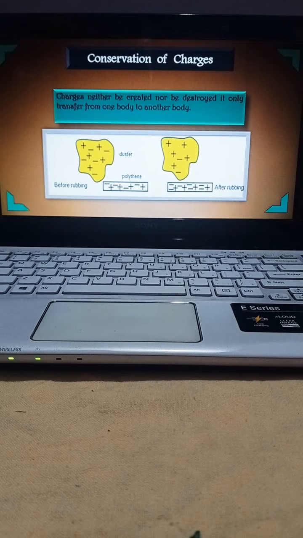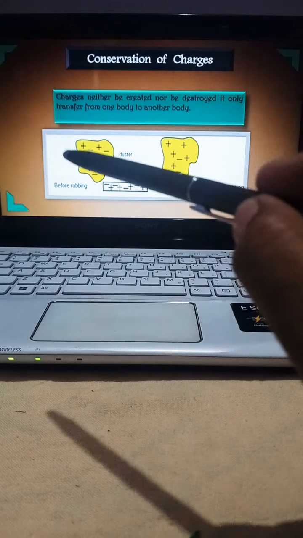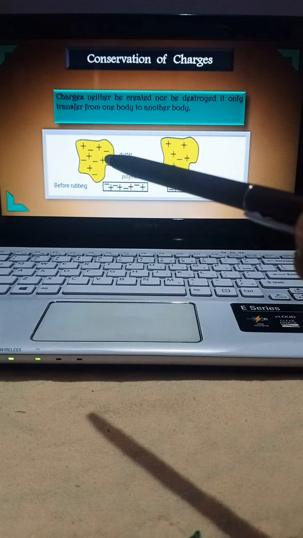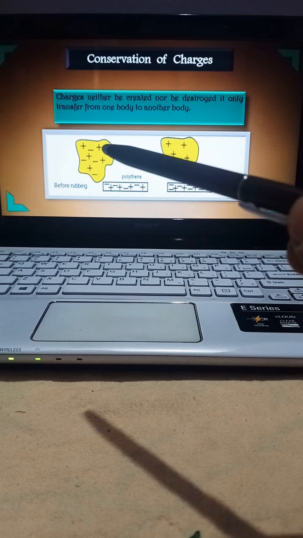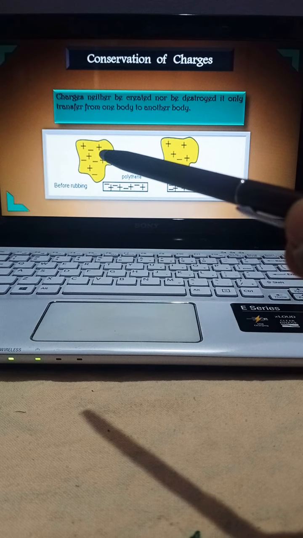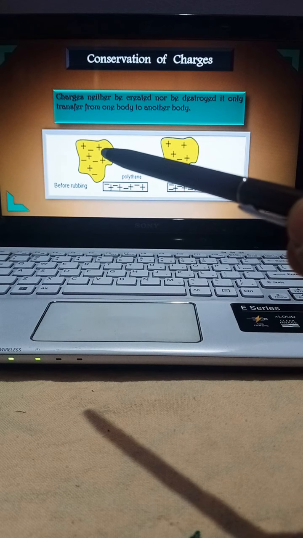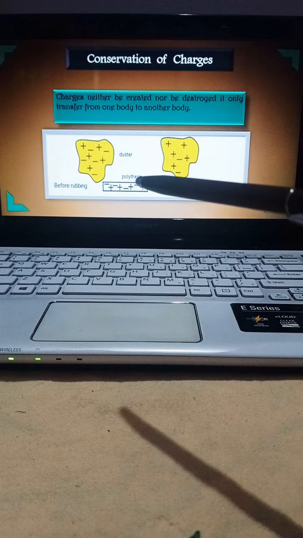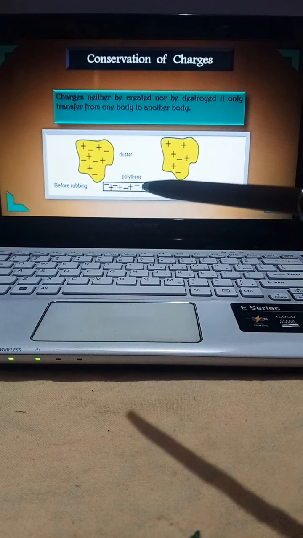The next topic is what is conservation of charges. According to conservation of charges, charges can neither be created nor destroyed. They only transfer from one body to another body. Here we have this diagram. Suppose this yellow color is a duster, which is going to be rubbed by a plastic material.